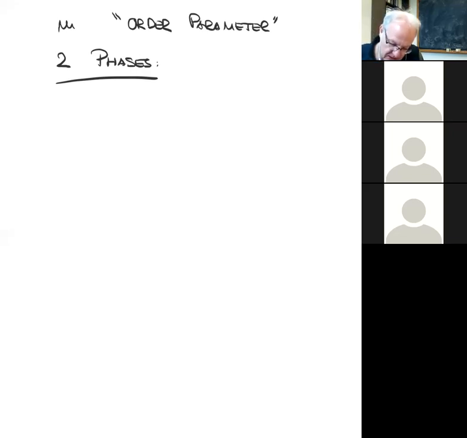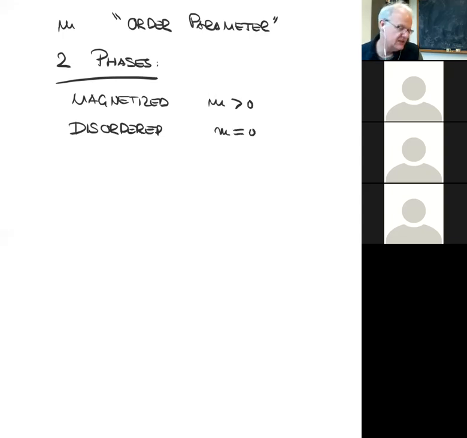So there's a magnetized phase, where M is strictly greater than 0, and there's a disordered or non-magnetized phase, where M is precisely 0.